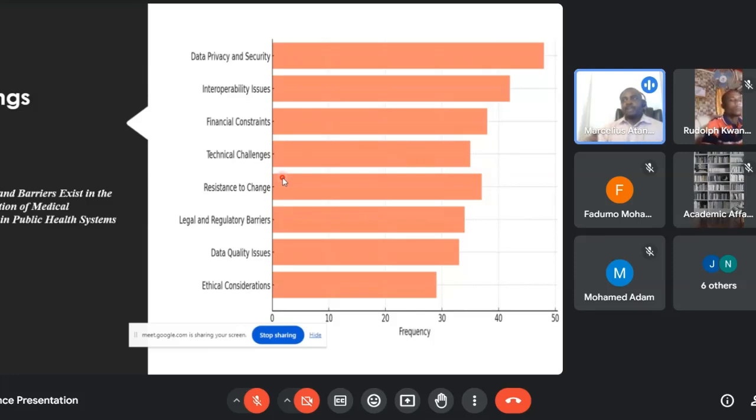Because if this information was integrated into a digital passport, the probability that those who do not need to know would begin to get information that they don't deserve would be high. So these are some of the things that also hinder the implementation of health informatics in institutions or countries.